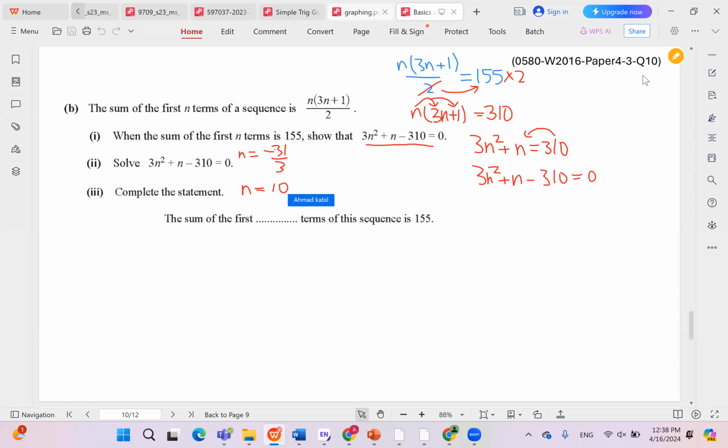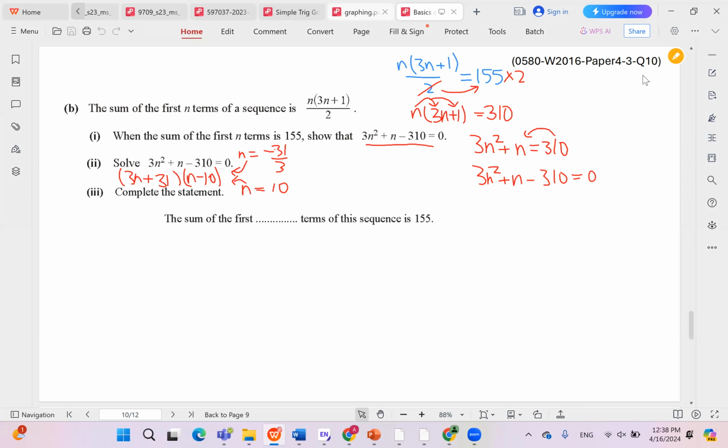And this tells us that if we were to factorize, we would probably get 3n plus 31 and n minus 10 as factors. But anyway, you don't have to factorize here, but I'm just telling you that you can use the solutions of the calculator to figure out what the factors are.